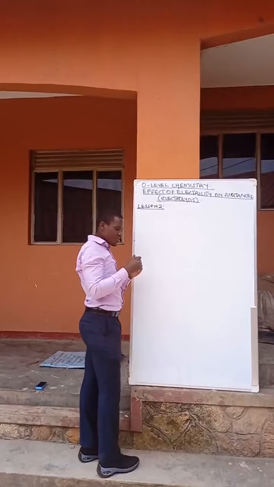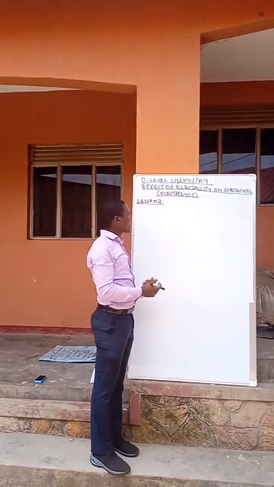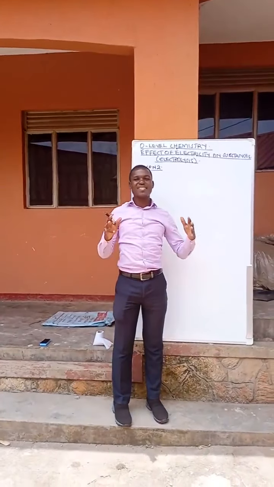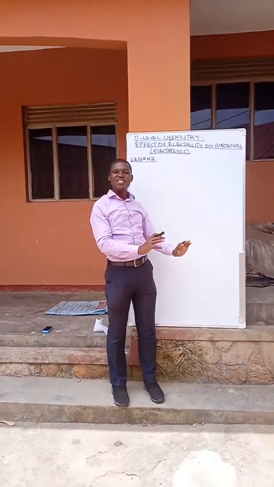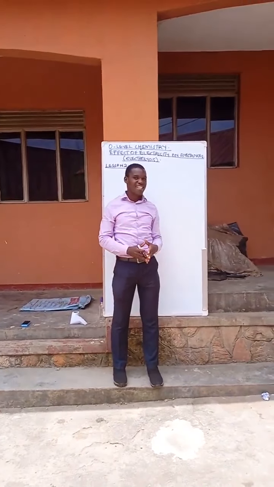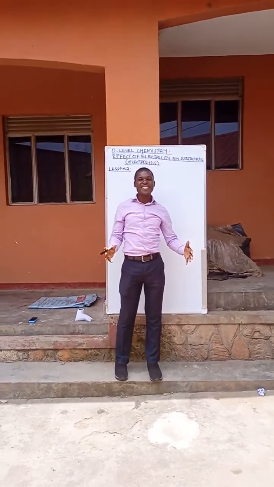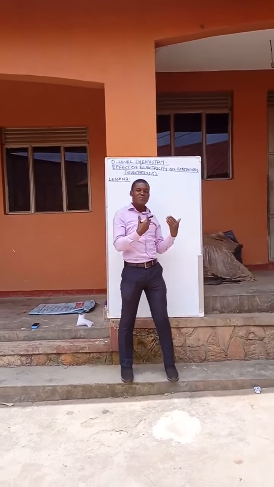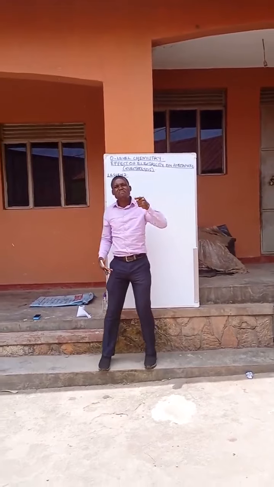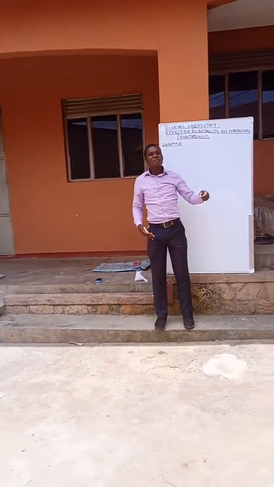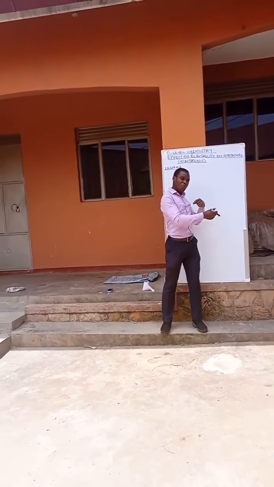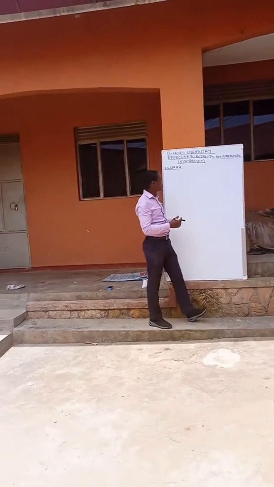In lesson 1 we introduced ourselves to this topic, and we said that solid substances that allow electricity to pass through them are called conductors. And if electricity can pass through these conductors, there must be particles that enable this.